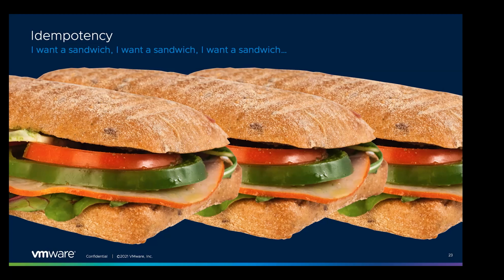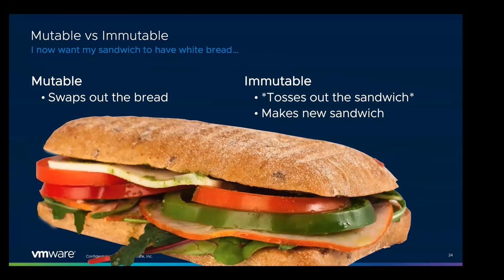Then this is what we would term mutable. If we have to chuck everything out and make a new sandwich to get to where we want, this is what we'd call immutable. And different aspects of an environment can be both mutable and immutable.